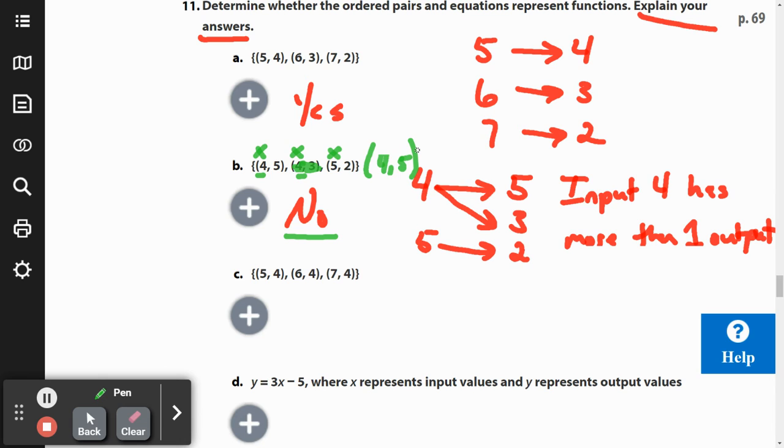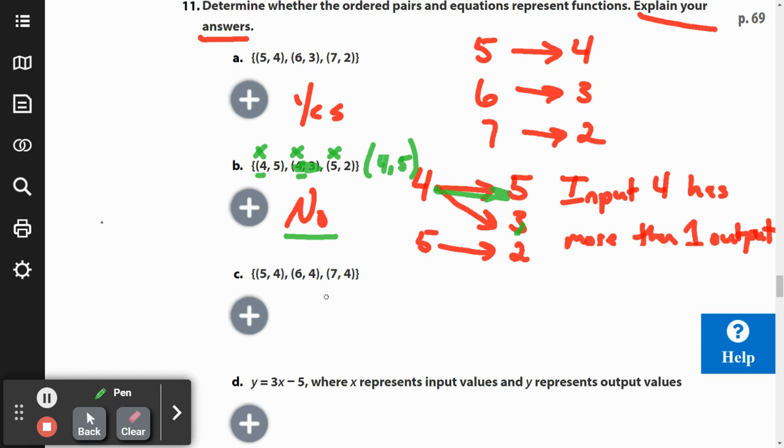Would that be a function? Yeah, because you would just have 4 going to 5 again. That's still one input, same output. That's like if you push a button and it gives you a Coke from the vending machine, it doesn't matter if it gives it to you from the top shelf or the bottom shelf, it still gives you a Coke, right?